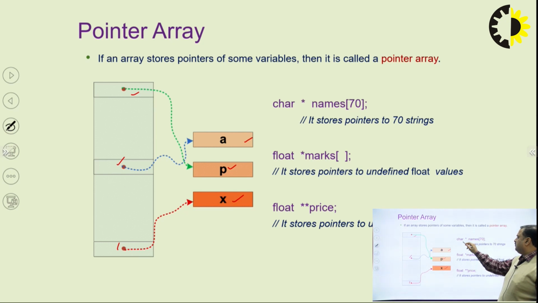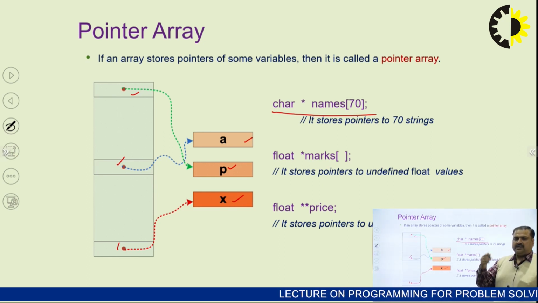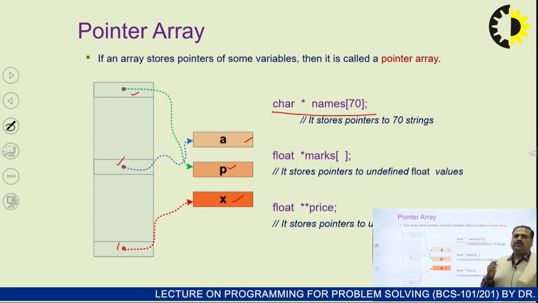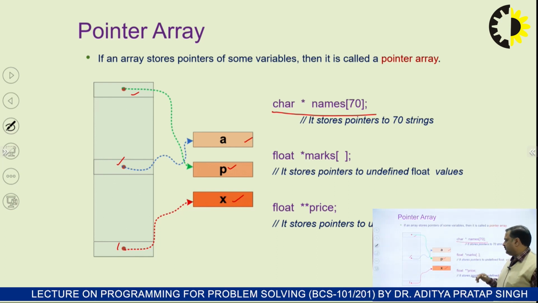Here we can declare a character pointer name[70]. It will store 70 names: the 70 character pointers will be stored in an array, and each pointer may point to some name.